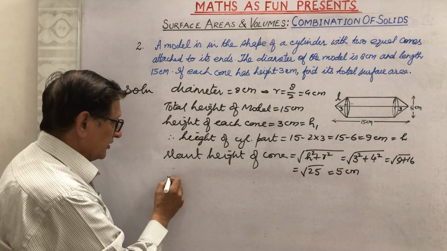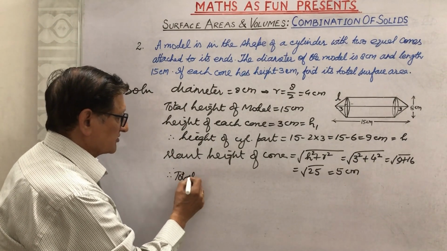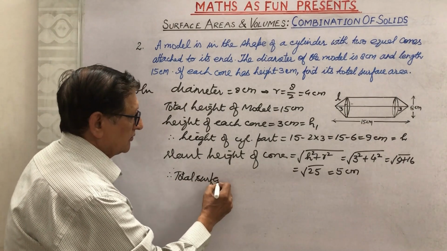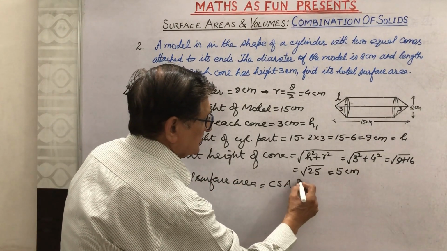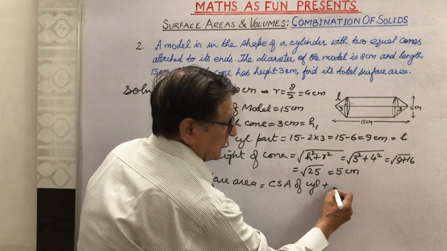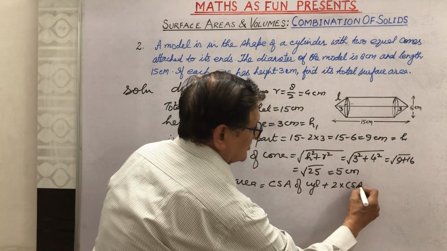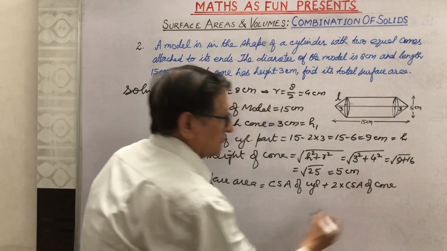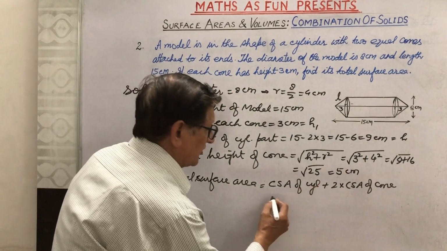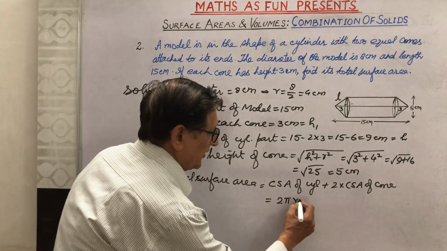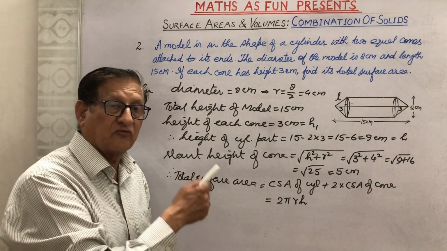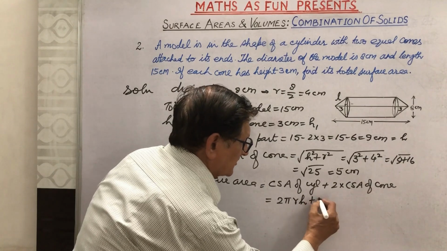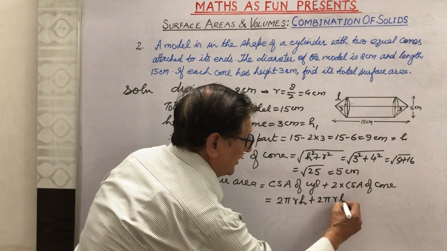So we write here, therefore, total surface area is equal to curved surface area of cylinder plus 2 into curved surface area of cone. We know the formula of curved surface area of cylinder is 2 pi r h, and the curved surface area of cone is pi r l, so we can write this as 2 into pi into r into l.